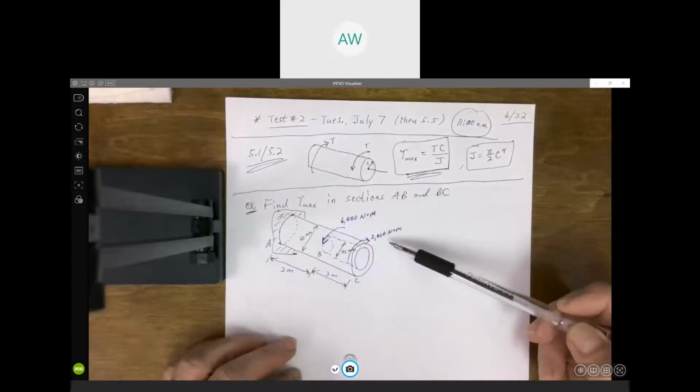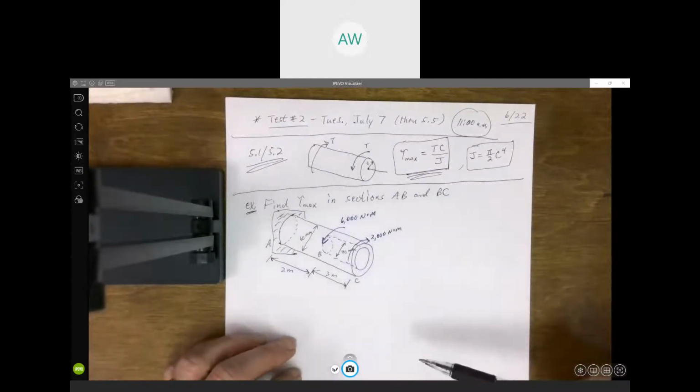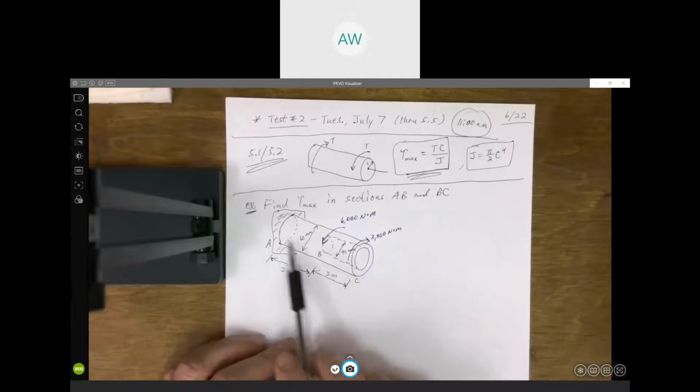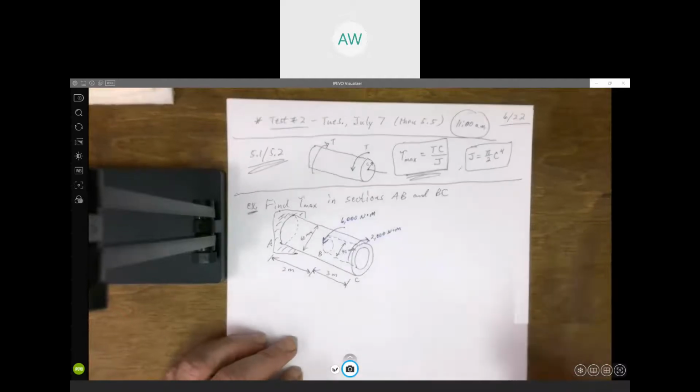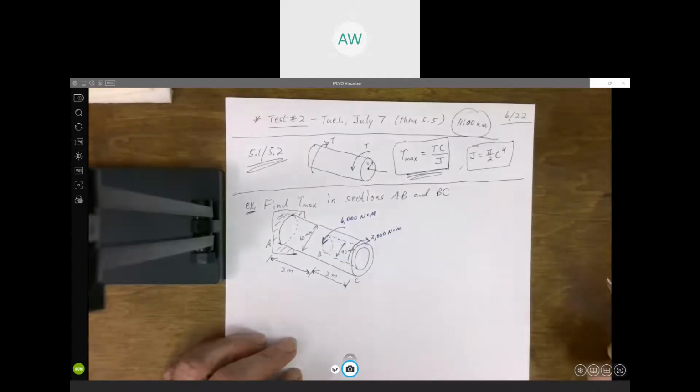And we're applying these 2 torques to the shaft, and our goal is to calculate the maximum shear stress in the solid section back here, AB, and then again out here, the hollow part between B and C.